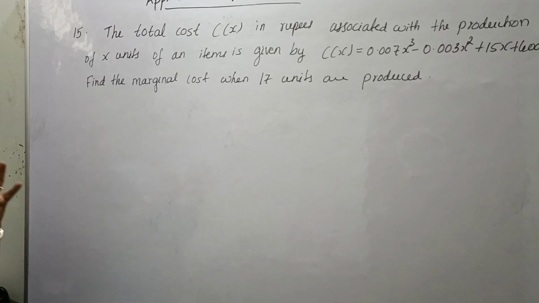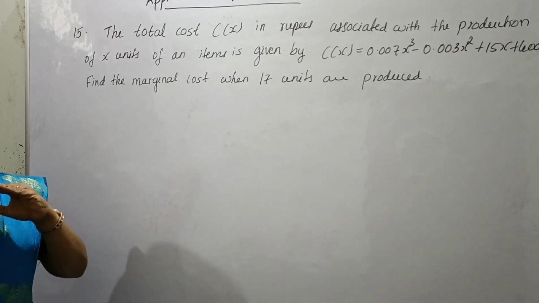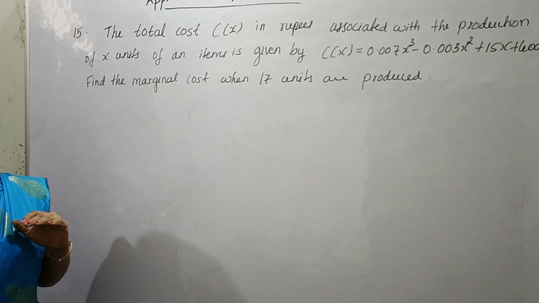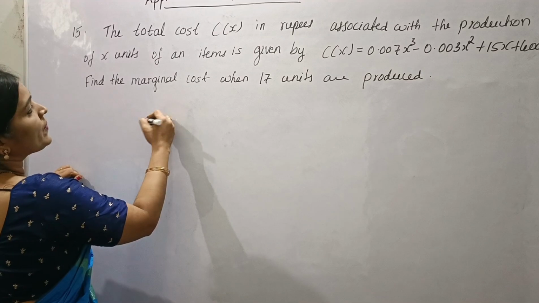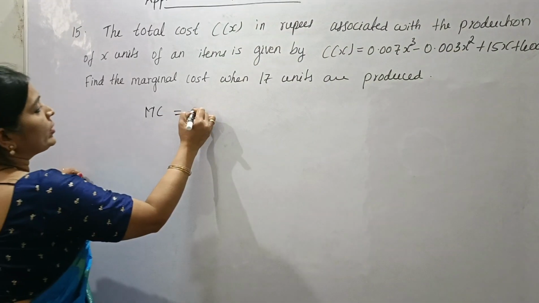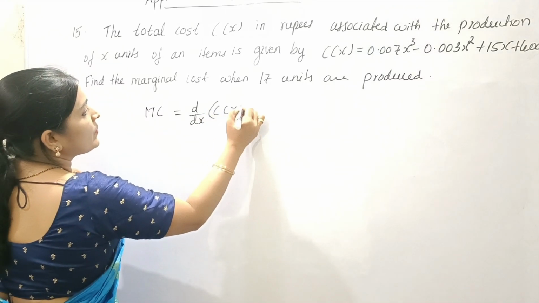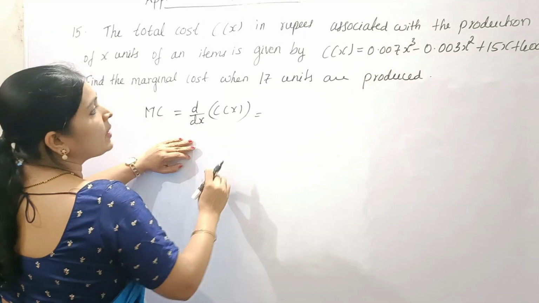Note it down: marginal cost is nothing but the rate of change of total cost with respect to the number of units. So marginal cost MC is equal to d/dx of C(x). Let's find the derivative.